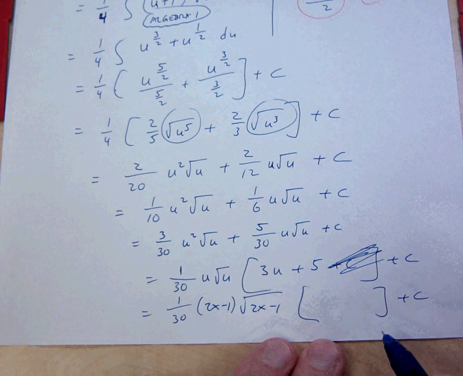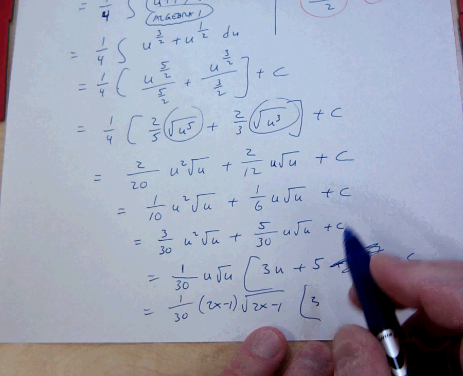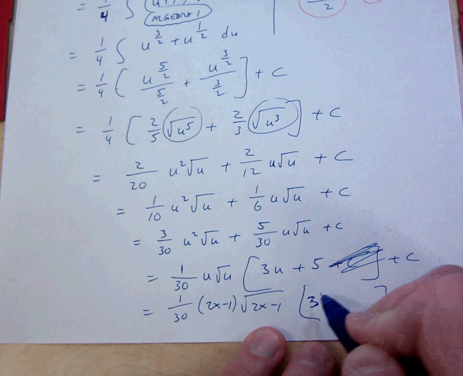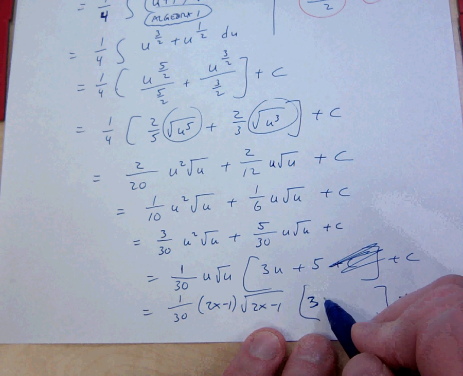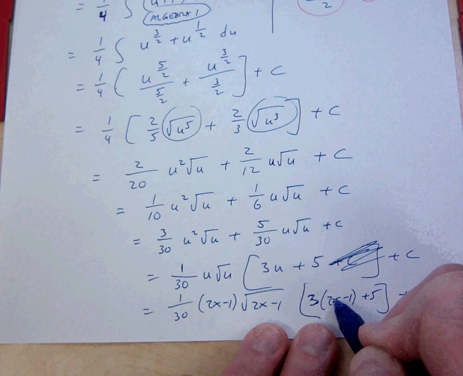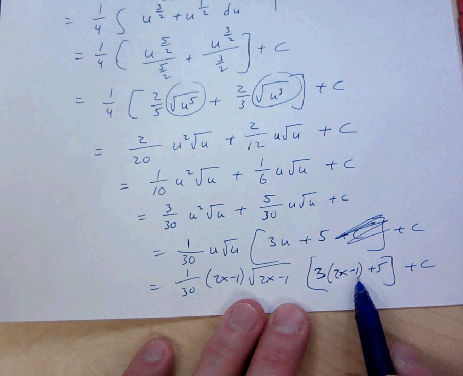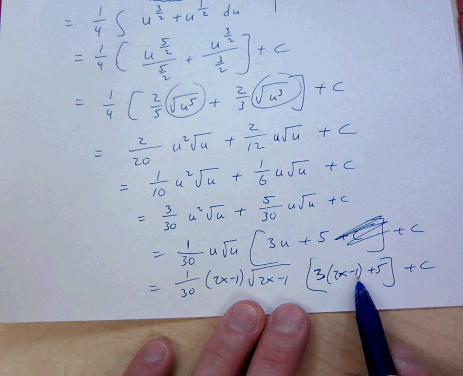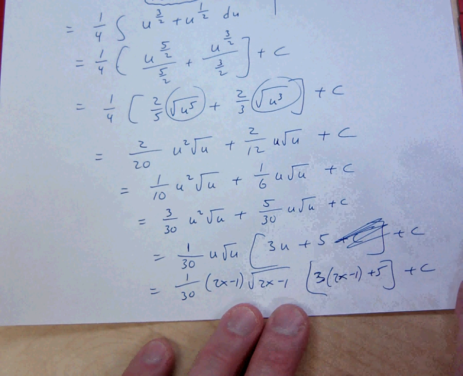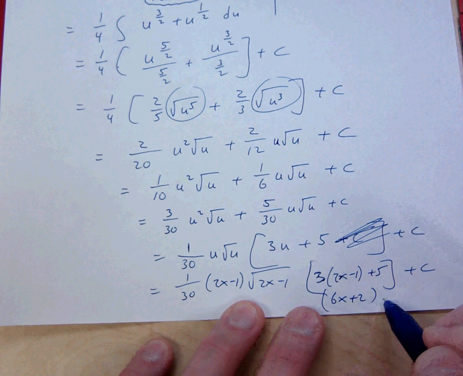And then so we get, I get what? 3 times what? 2x minus 1 plus 5, and what does that mess turn into? 6x minus 3, which turns into what? 6x minus what? 6x plus 2. And then if you want, you can pull out the what from there?